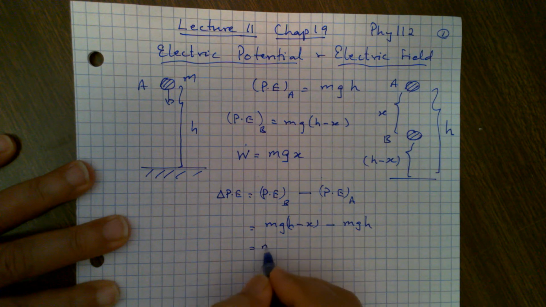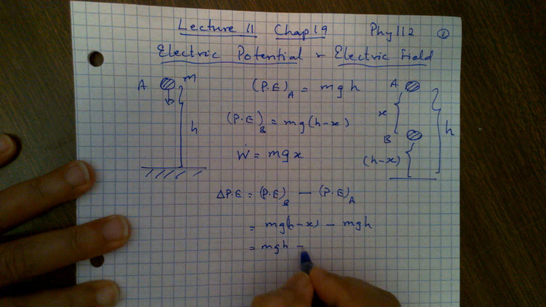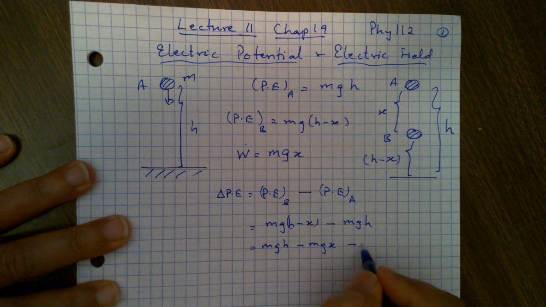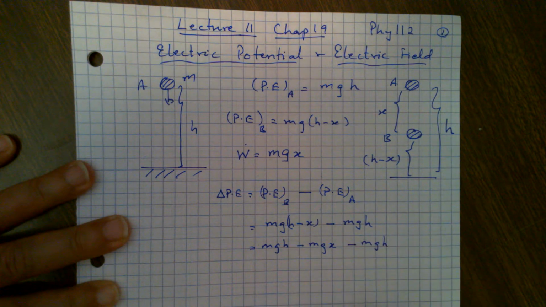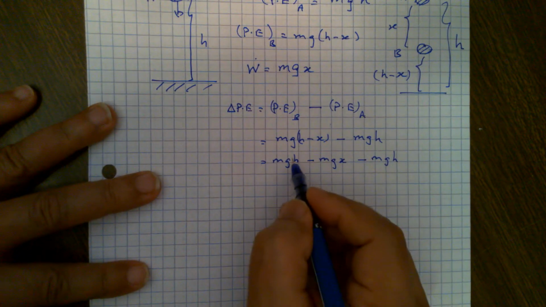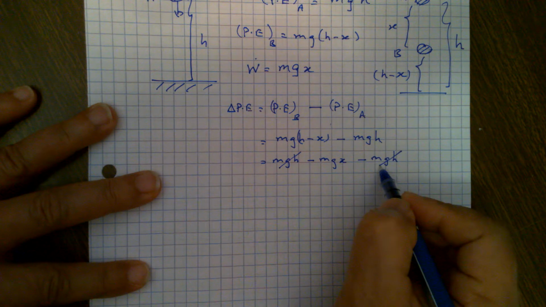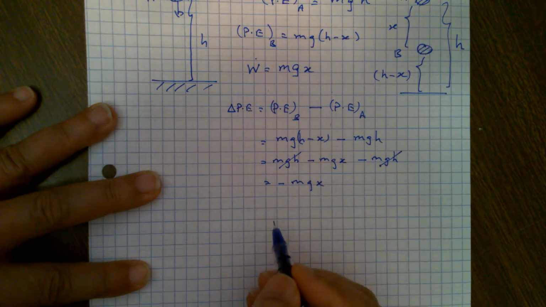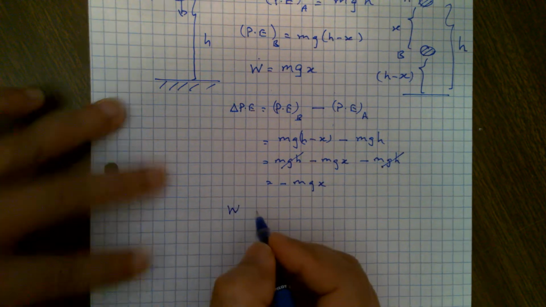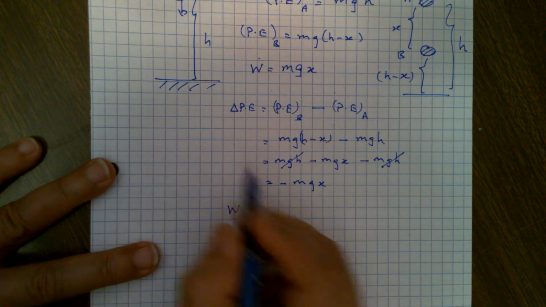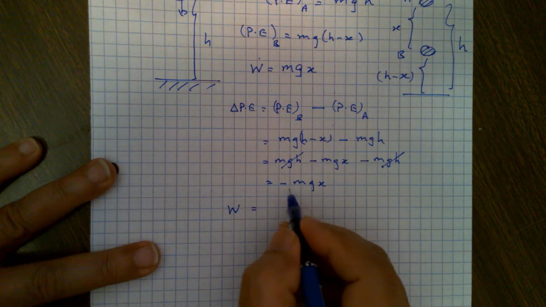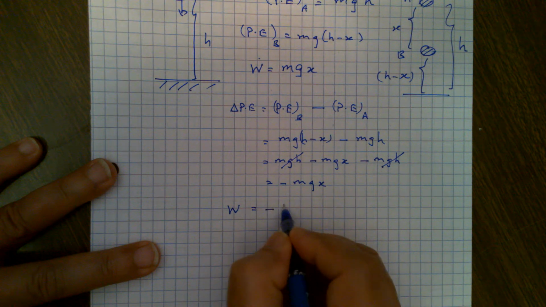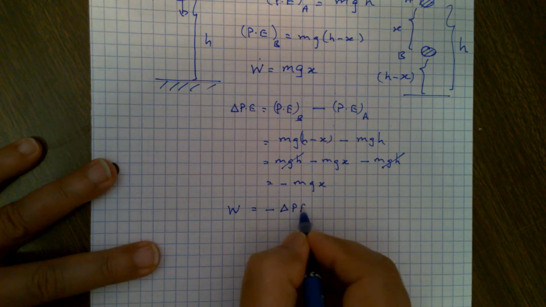So I have mgh minus mgx minus mgh. So this mgh and this mgh cancel out, so I get negative mgx. So we see that work done, which is mgx, and change in the potential energy is negative mgx. So work done must be equal to negative delta PE.